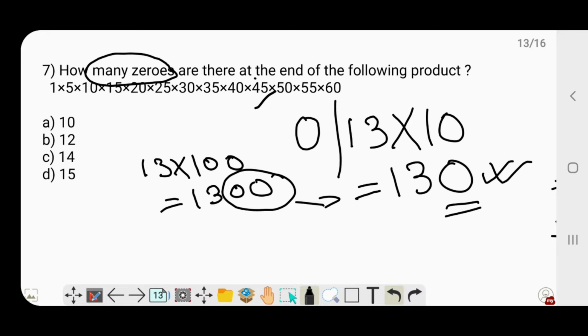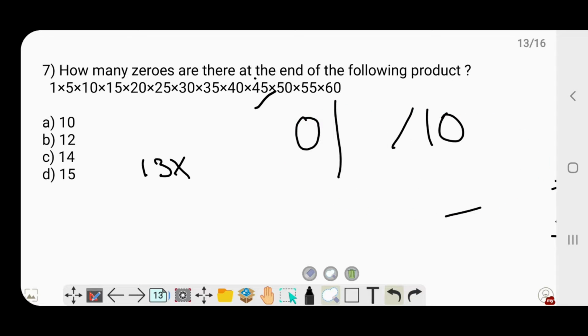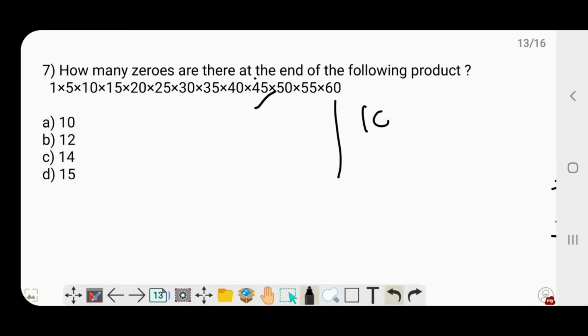So what is 10? How can I express 10? 10 can be expressed as 5 into 2. So 10 is nothing but 5 into 2.